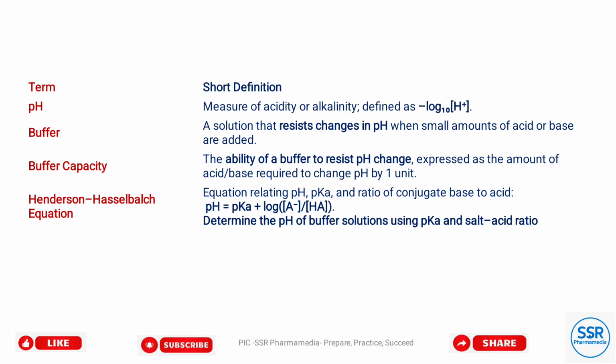So next we'll see some term definitions. pH. What is pH? Measure of acidity or alkalinity is defined as pH. pH is defined as the negative logarithm of hydrogen ion concentration.